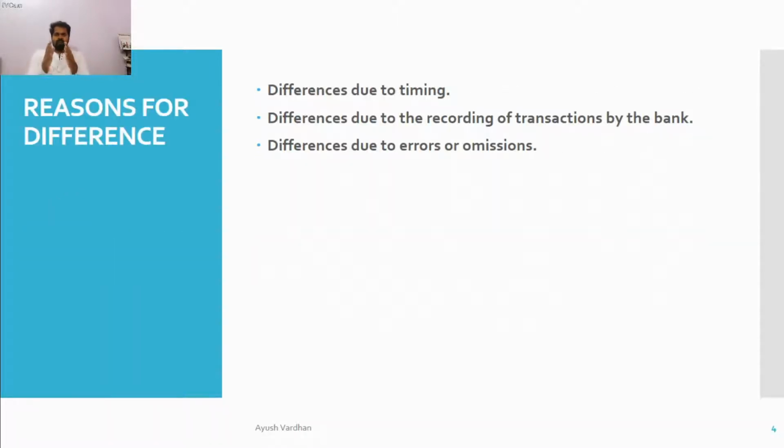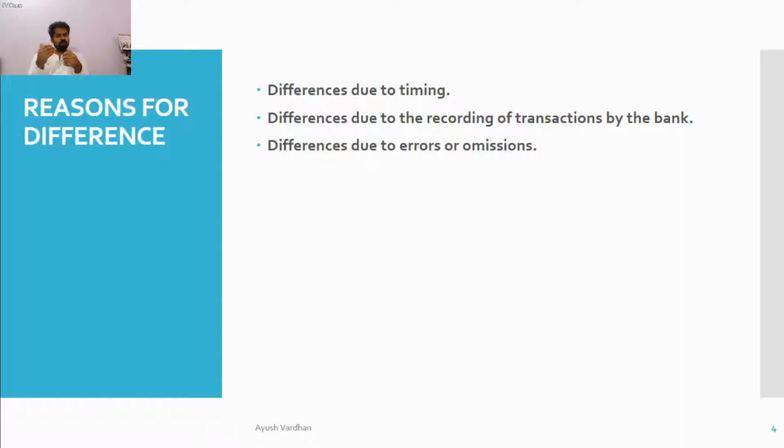So now we will see the reasons for differences. What happens is, generally when we do the reconciliation, we find some differences in the bank account, or we may find some differences in the cash book. The final balance often doesn't match.